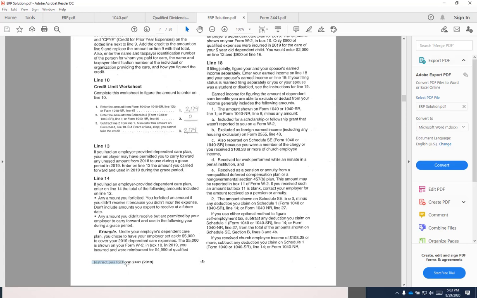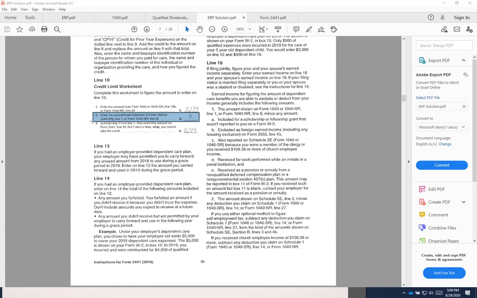It's part of the instructions for Form 2441. Basically, it is to see how much of this child and dependent care credit we can use, how much of this credit we can apply. No other credits, as shown as a 0 here, are applied to this tax liability. Therefore, the full amount of the tax liability is available.